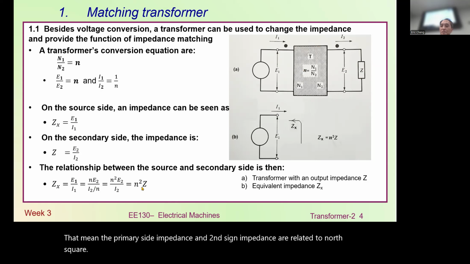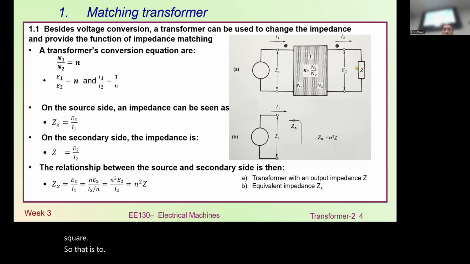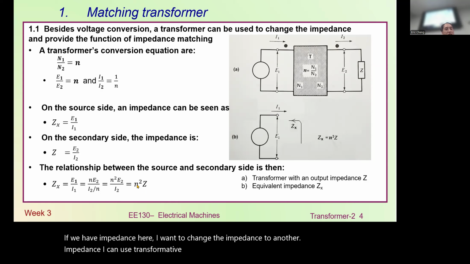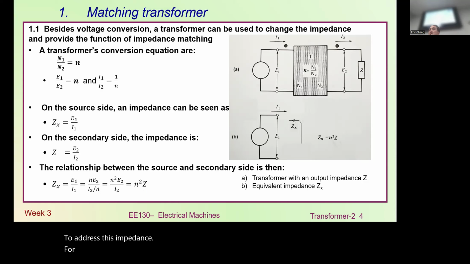So if we have an impedance here and I want to change it to another impedance, I can use the transformer turns ratio to adjust it. For instance, if the output is a resistor or inductor and I want to change its impedance, I can use a transformer to do that.